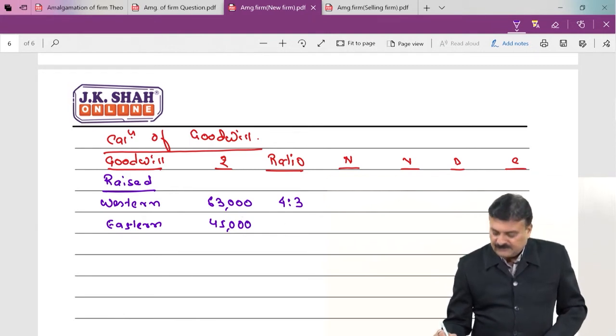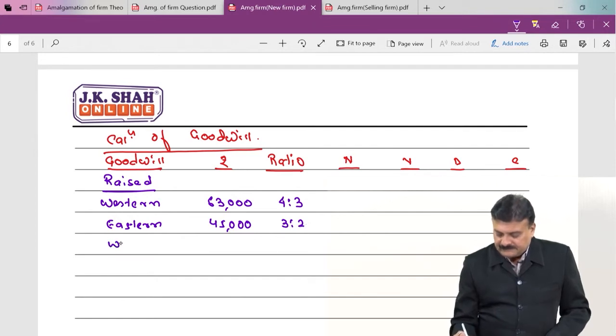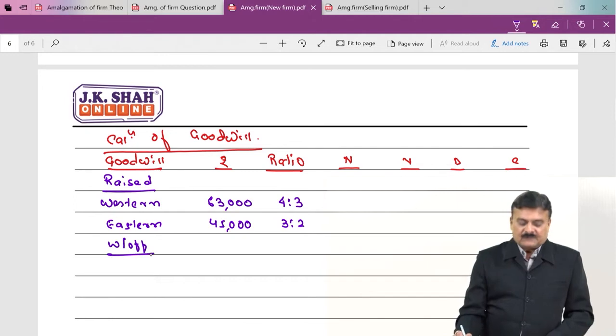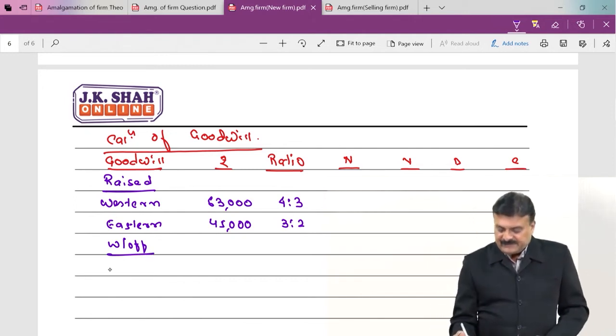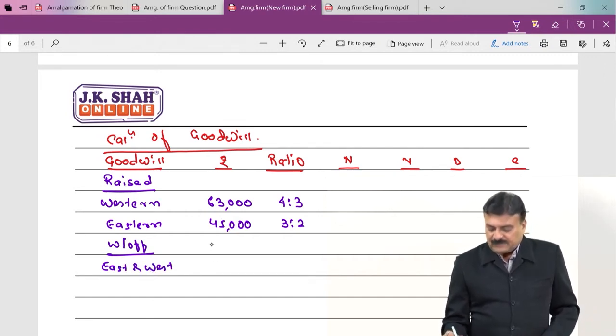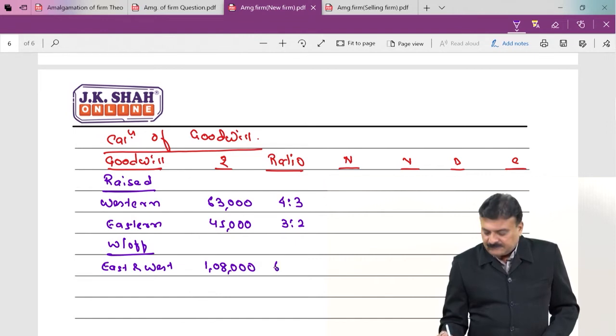Ratio was 3:2. And now in the new firm it is written off. New firm's name is East and West Company. 63 plus 45 is 1,08,000. New ratio is 6:5:4:3.